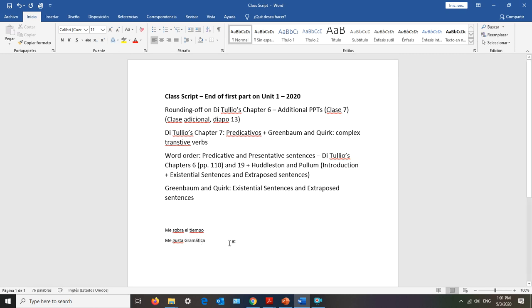So what we have is post-verbal subjects, as in el tiempo, as in gramática, that are explained. Of course, they are isolated sentences, and we would need a text to analyze how they are connected to the preceding discourse and the following discourse. But what we have at stake is a specific type of verbal form, right?